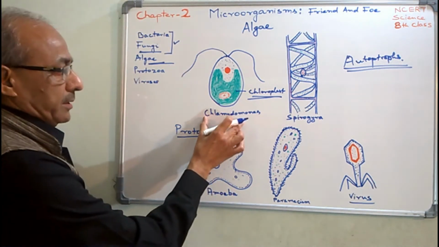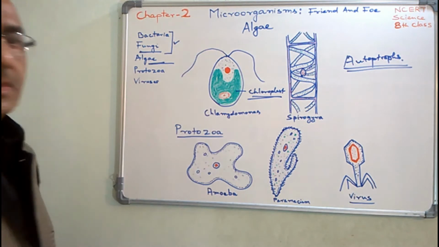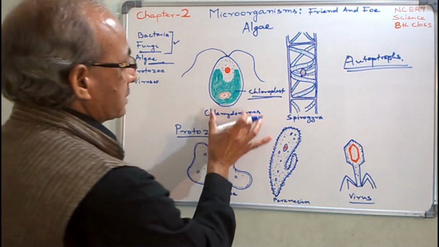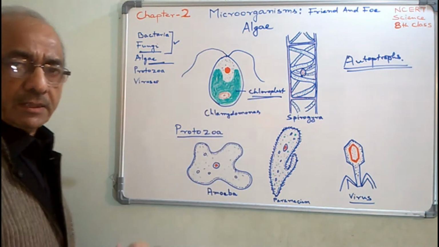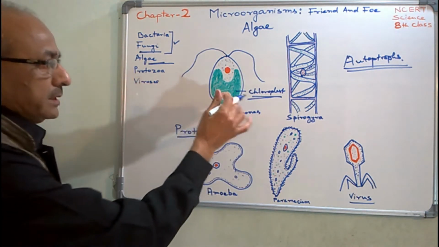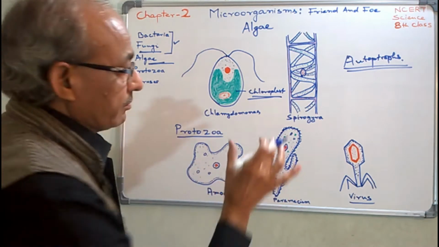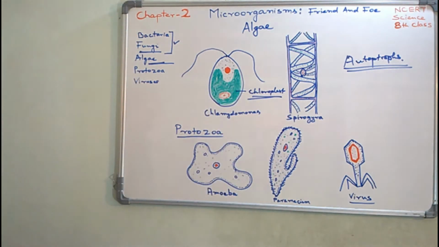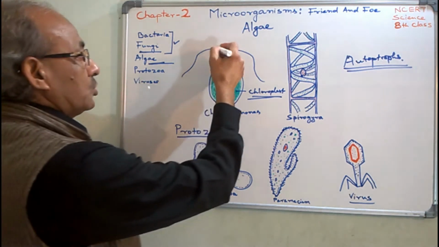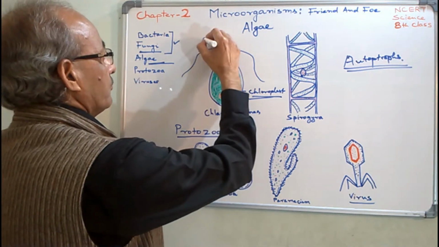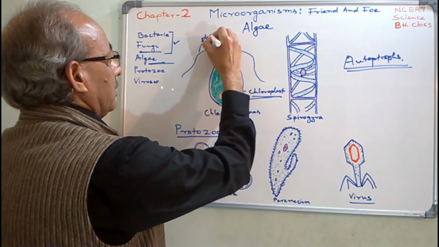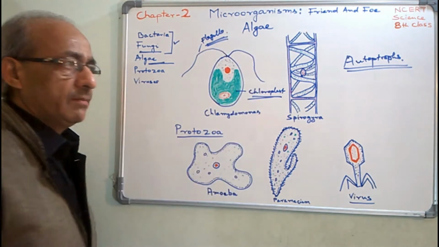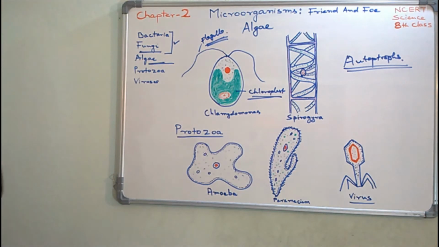Here you see this diagram of the Chlamydomonas. Just I told you that Chlamydomonas is single-celled and contains a big chloroplast. Here in chloroplast, chlorophylls are found. And these are the two flagella. With the help of flagella, they do locomotion.